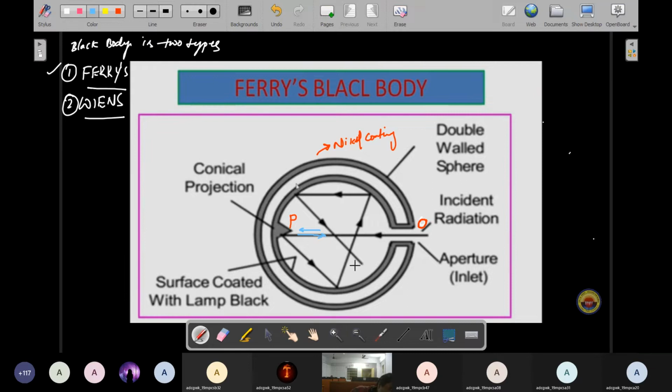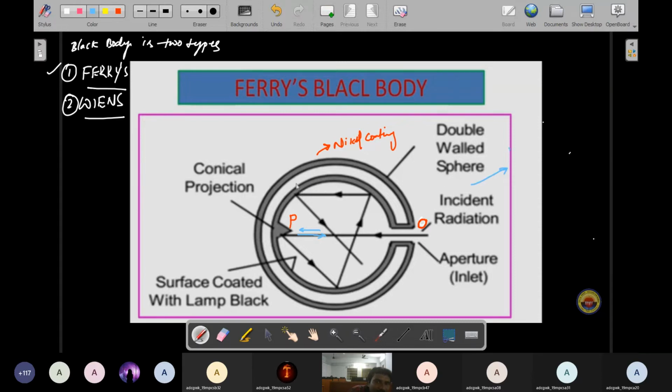So finally, after some time this light is completely absorbed by this blackened lamp surface. Completely absorbed by the blackened lamp surface. So right now this Ferri body is a 100% perfectly absorbing body. It behaves like a perfectly absorbing body.